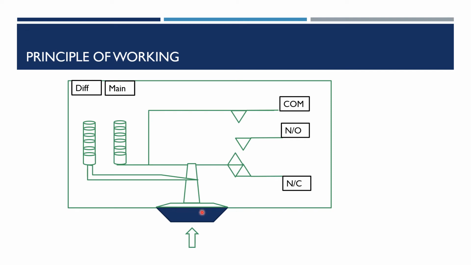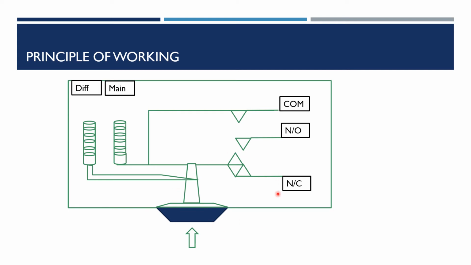This diaphragm keeps some pressure here, and once it reaches the required limit, the nose goes back to its original state. So this is basically the working principle of the pressure switch.